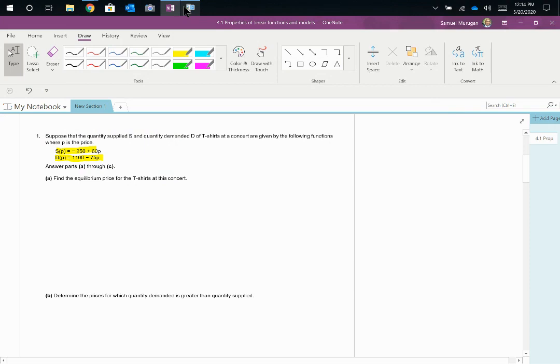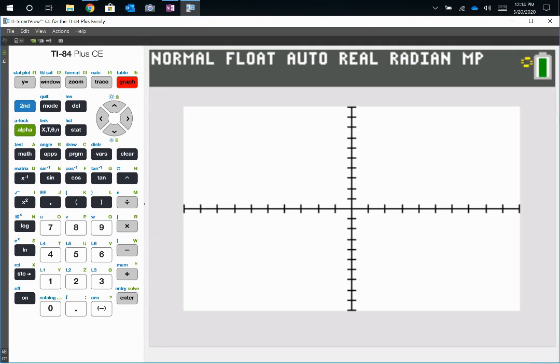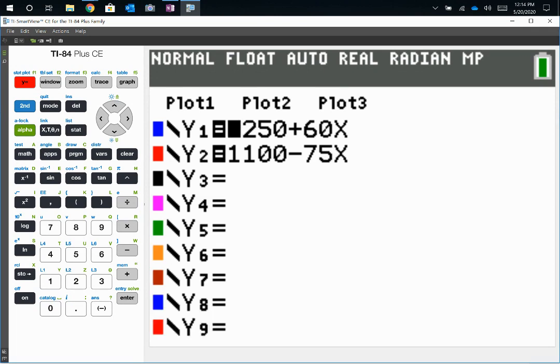Now, if we try to graph this function, we are not going to see anything much, just some kind of a line, because the numbers are so large that we have to fix the window. Notice that the y-intercept in the first function is negative 250, and the y-intercept in the second function is 1100.